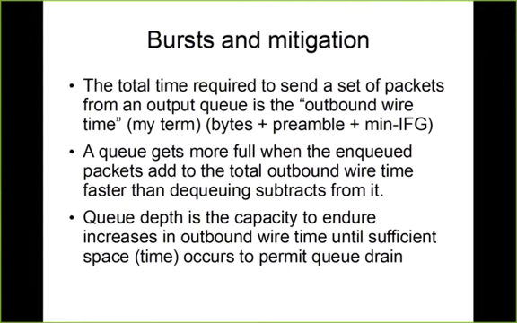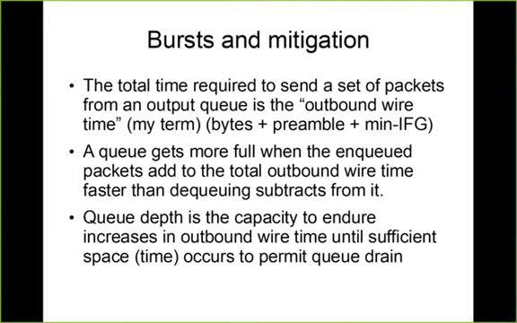So, burst mitigation. The total time required to send a set of packets from an output queue is what I call the outbound wire time, which includes bytes plus the preamble plus the minimum interframe gap. The queue gets more full when the enqueued packets add to the total outbound wire time faster than dequeuing subtracts from it.